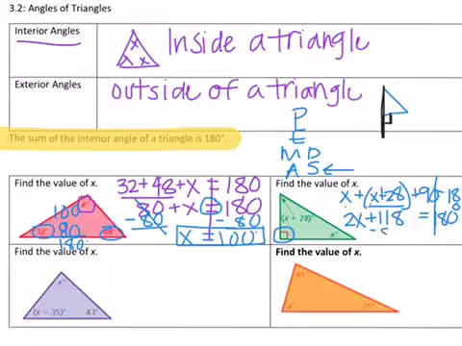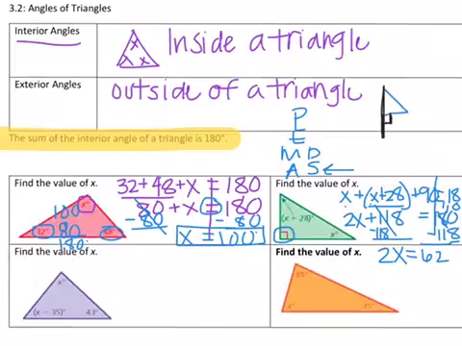So I'm going to get rid of my addition by doing the opposite. So I get rid of the 118. It was adding, so now I'm subtracting. I'm left with 2x equals 180 minus 118. So I go ahead through the steps of borrowing, and I am left with 62.